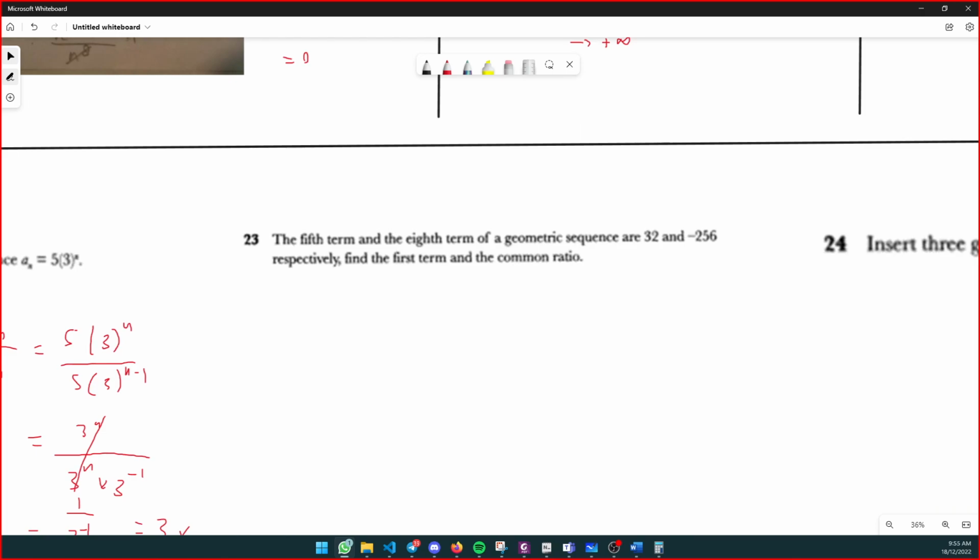Oh, okay, for 23, A equals to 2, 2, 5, 6, 3, I equals to 2, A equals to R equals to 2. R should be negative 2, not 2.